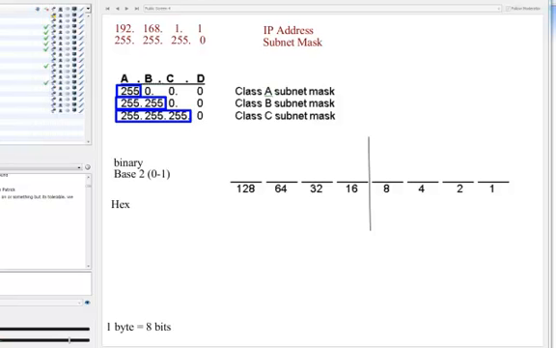Now, your values are technically 0 through 15, right? But that's not really what they do. It's really 0 through F. And we'll explain that in a second. So I'm going to put an X there because it's really not that.